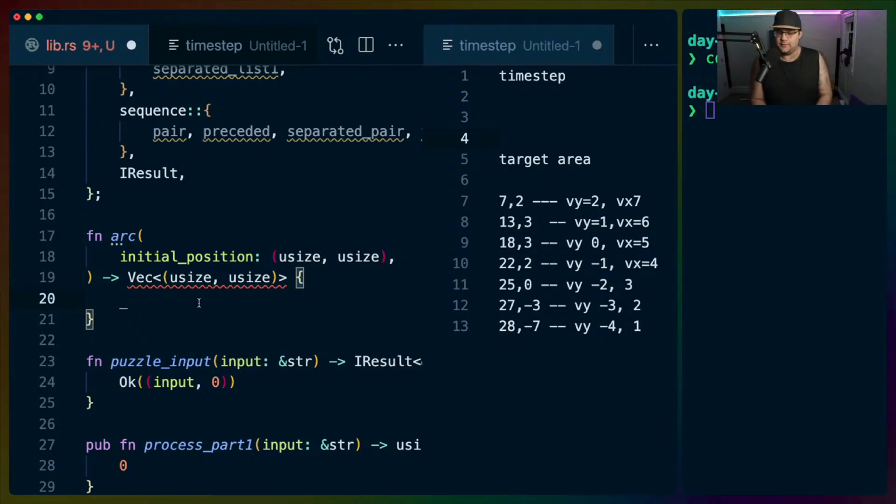So maybe we can do like a time step. Bounds are where you missed.